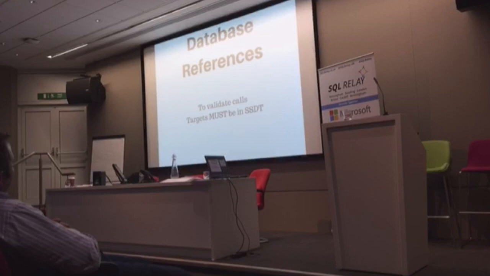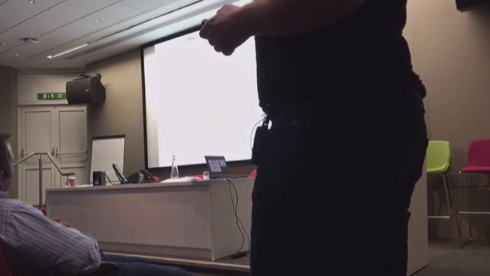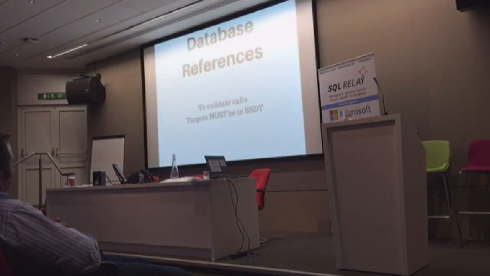So if you've got select A from B, it validates you've got a table called B, and that it has something selectable called A. If you've got database name, schema, table name, it validates that it does actually exist and is correct. And if you haven't got those other databases in SSDT, either in the project or compiled to that pattern we're talking about, then it won't be able to validate those references, so it won't be able to tell you if the code's correct.